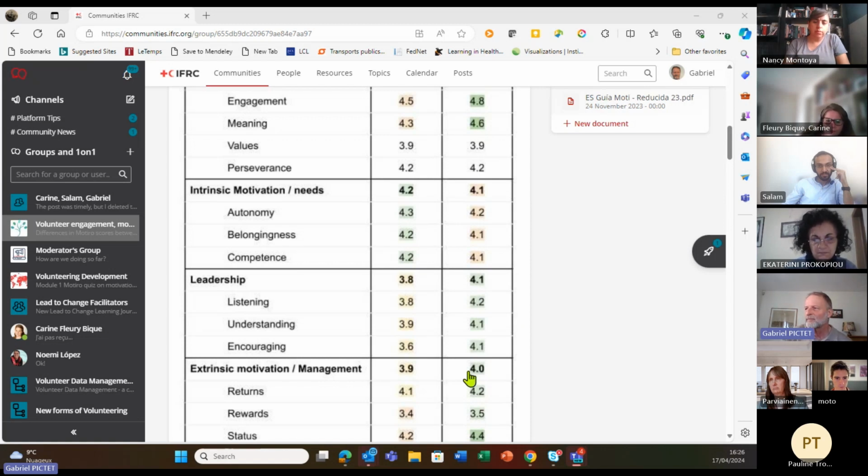And actually, I think the biggest difference, to go to Moto's technique of going straight to where the biggest difference is, is in encouraging. That's actually a very big difference. It's 0.5. That's a very big difference. And so for encouraging, maybe it's worth seeing what the actual indicators of encouraging are.